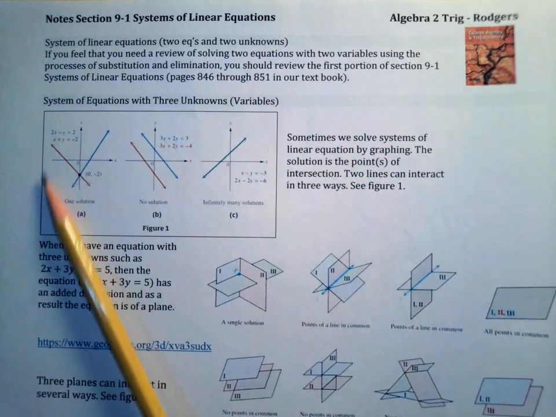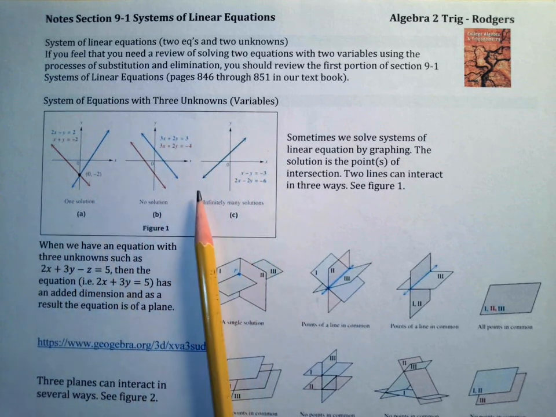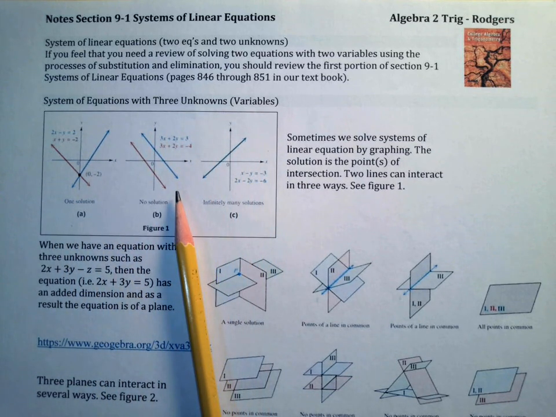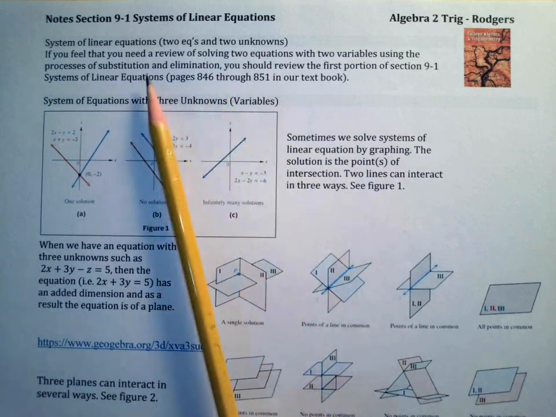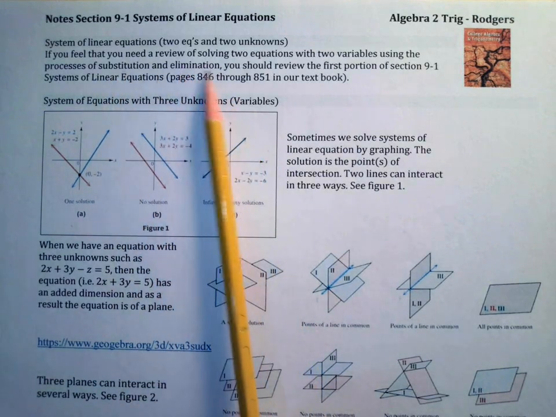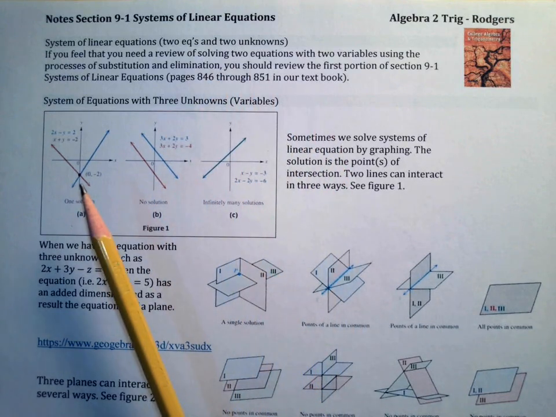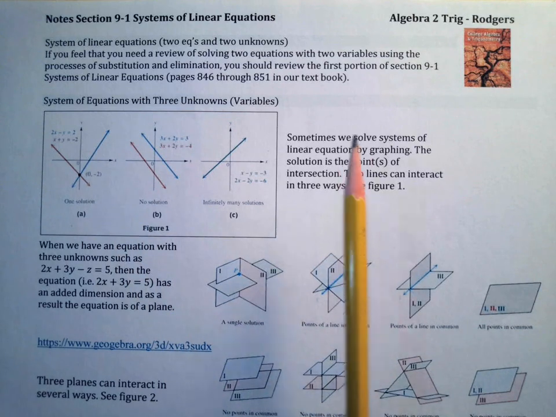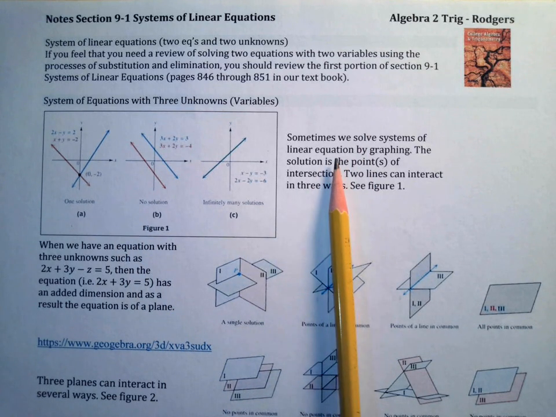This is kind of a visual, as if we were going to solve them graphically, of what's possible. When we solve them by substitution or elimination, you can get no solutions, infinitely many, or just one.